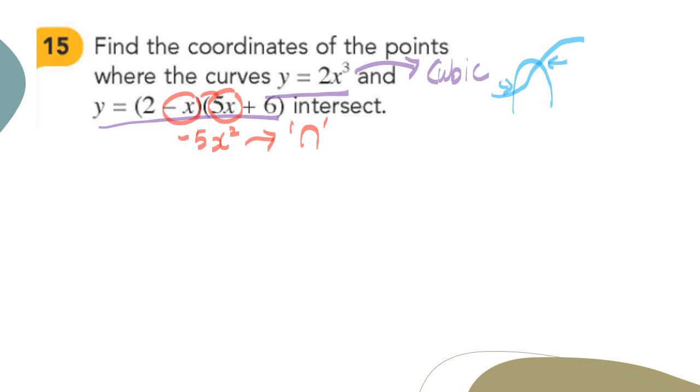We would have to solve these 2 equations simultaneously. And since both curves are already expressed in terms of y, we can just let 2x cubed equals to the quadratic curve. The next step is we're going to use distributive law to expand the right hand side.